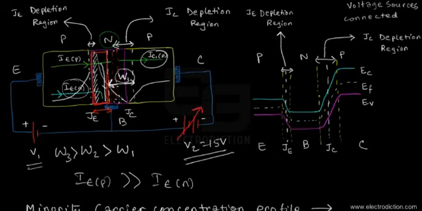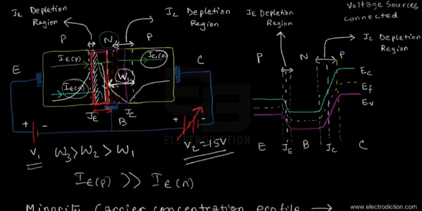Due to the collector section having much more doping than the base region, which is lightly doped, it is quite natural that on increasing the reverse bias across the collector junction, it is the base width that will be compromised in order to increase the width of the depletion region existing across the collector junction.